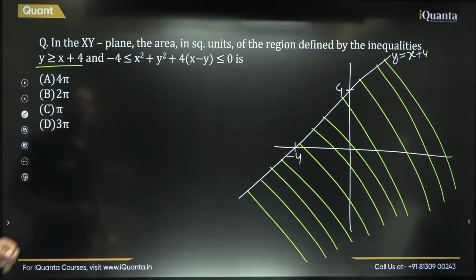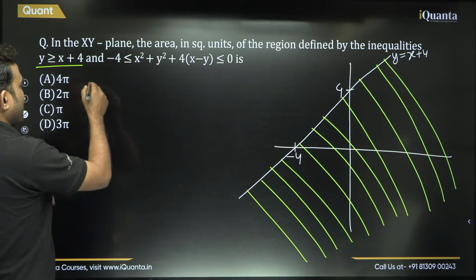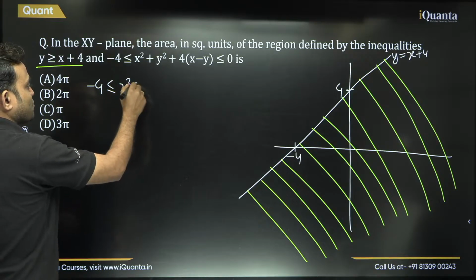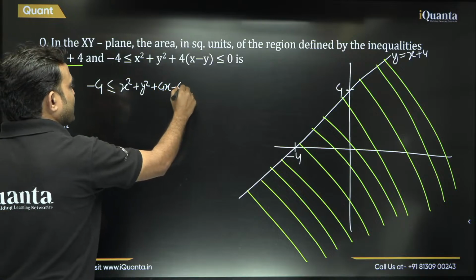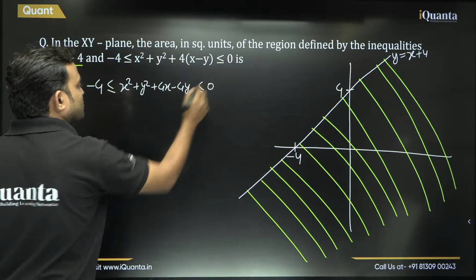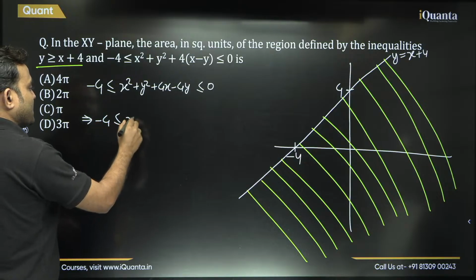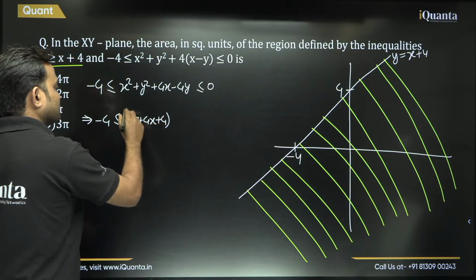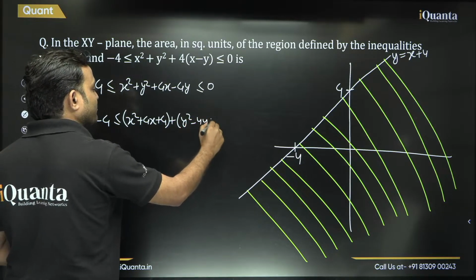चलो बताना सोच के. Now in this case, can I write this as minus 4 is less than or equal to x square plus y square plus 4x minus 4y, less than or equal to 0? Now can I write this as minus 4 plus x square plus 4x plus 4 plus y square minus 4y plus 4?